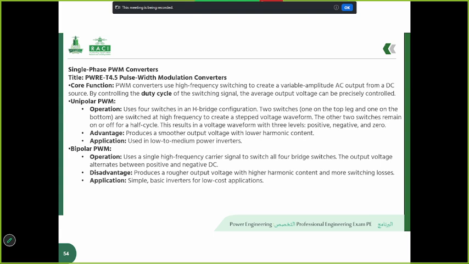This technique results in a smoother output voltage waveform, significantly reducing the harmonic content and minimizing switching losses. Due to its superior performance, unipolar PWM is the preferred method for medium power applications that require higher quality output, such as in residential solar inverters, for example.